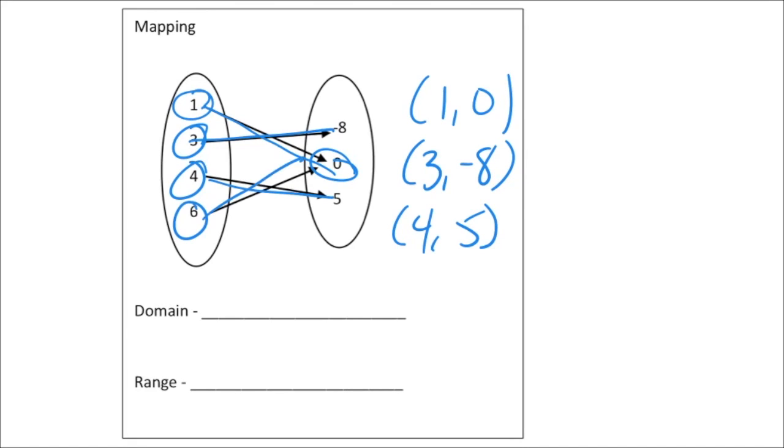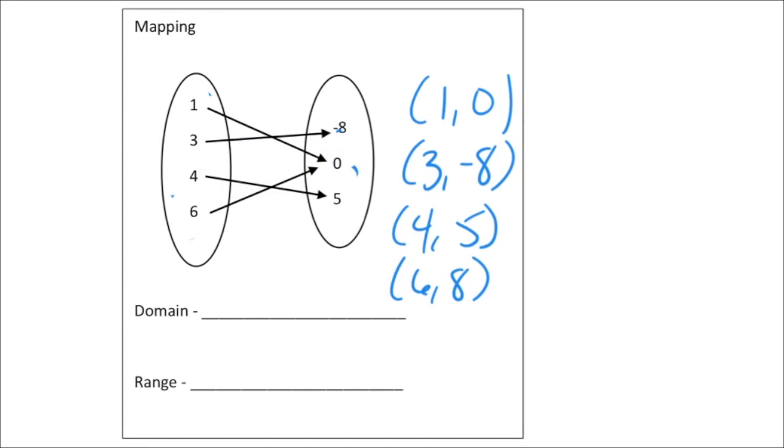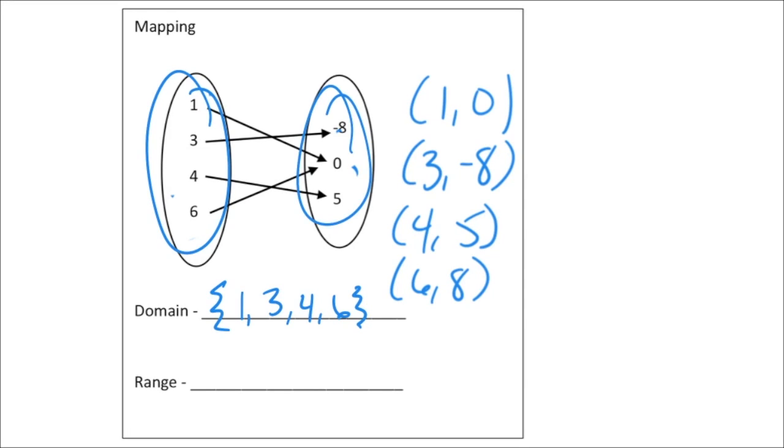And 6 goes with 8. So in this case, our domain will be 1, 3, 4, and 6, as you can see there. And our range will be these three numbers: -8, 0, and 5.